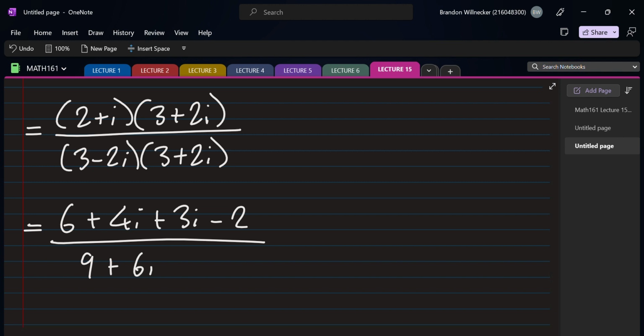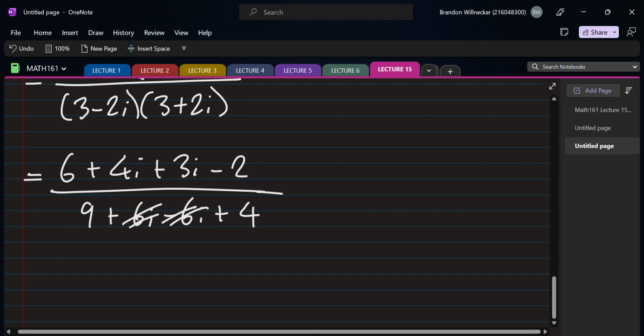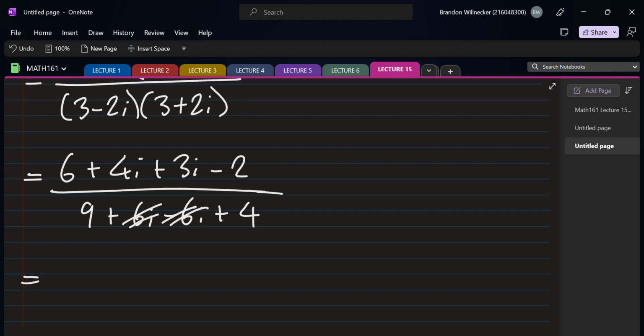Plus 2 times 3i, let's just write that as plus 6i, minus 2i times 3, so minus 6i, and then again, i squared is minus 1, so it will be plus 4. And again, the 6i minus 6i, that cancels. So whenever you're multiplying by the conjugate, you should have that the imaginary parts cancel out. So we're left with just a real number.